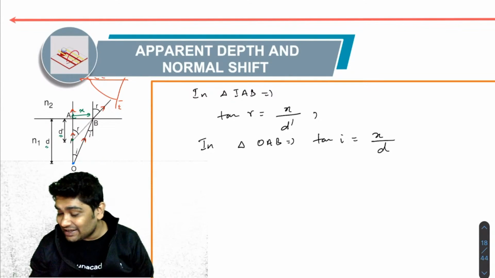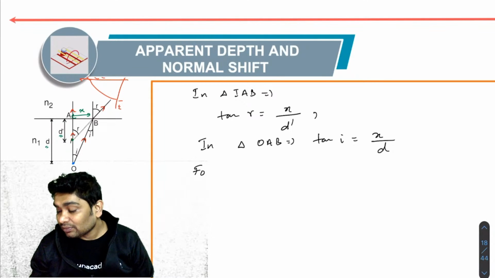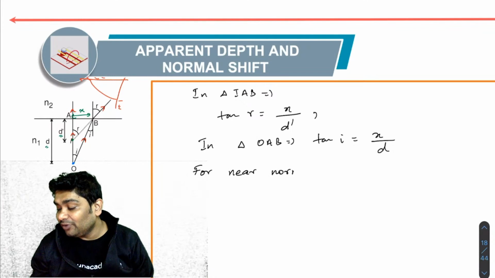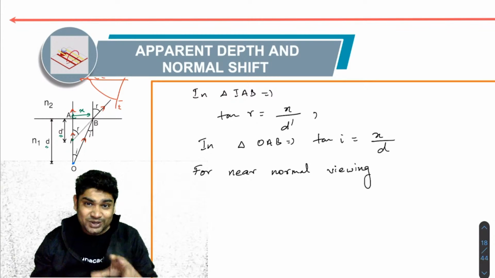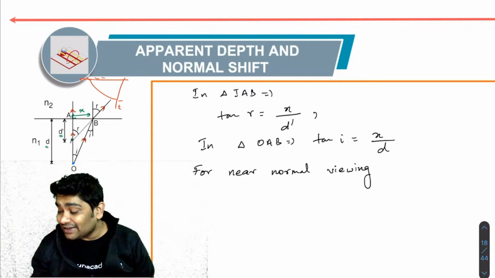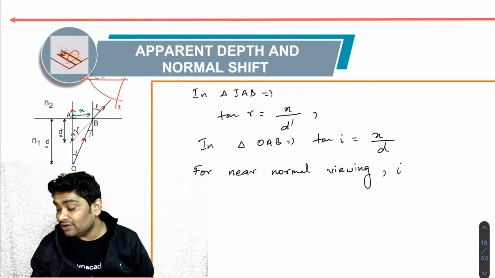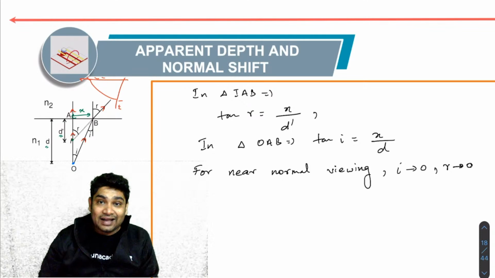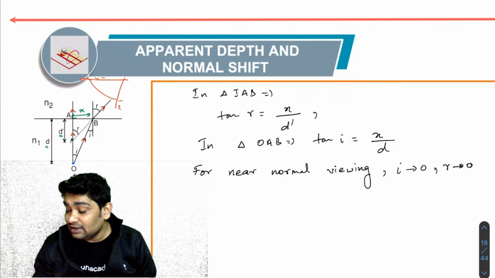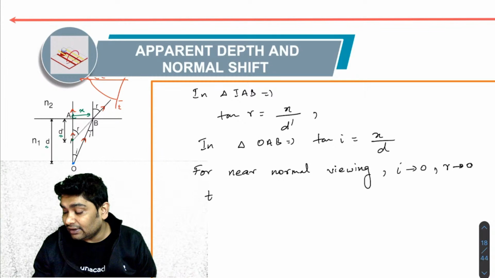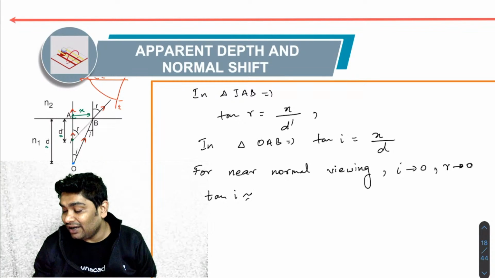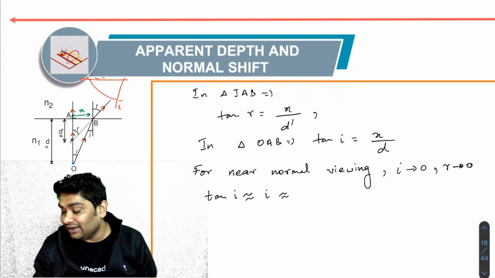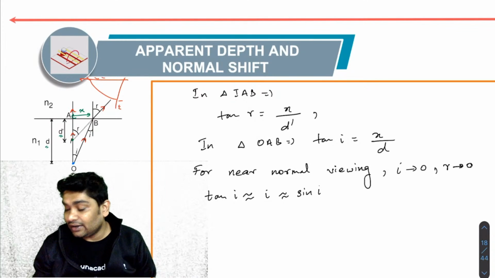So for near normal viewing, if you're looking at the object from almost near the normal, what you realize is that i tends to 0, and if i tends to 0, r also tends to 0. I and r both tend to 0, which implies that tan i is roughly equal to i, which is also roughly equal to sin i. Correct?